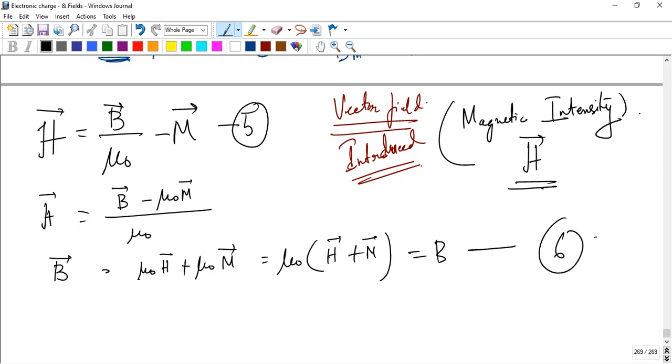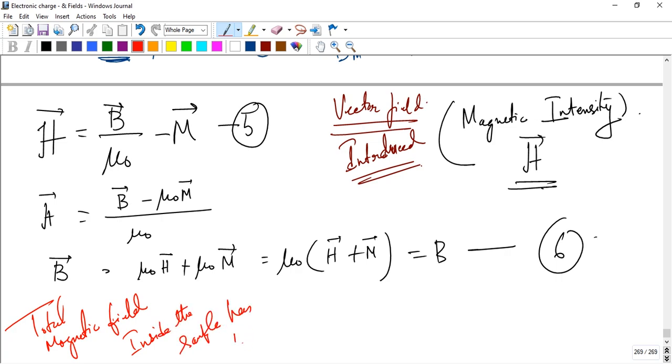So the total magnetic field inside a sample has two parts. The key point: the total magnetic field inside the sample has two parts.